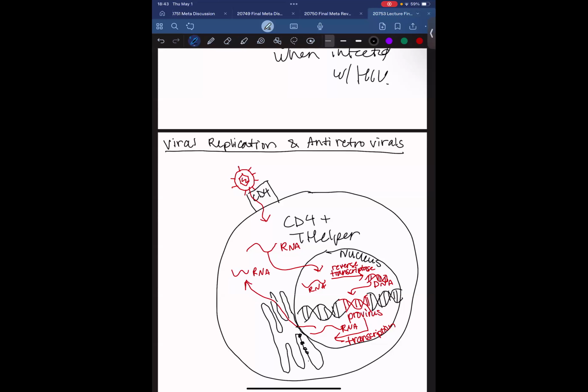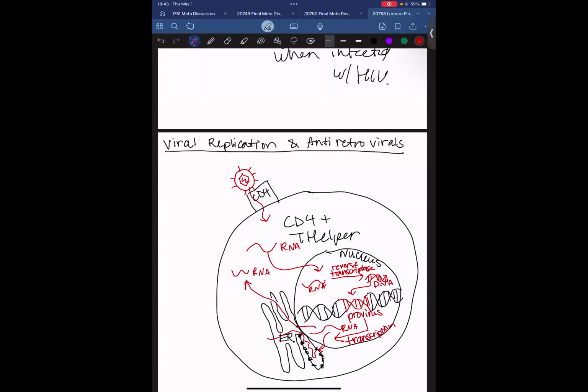Does this look familiar to anybody? What does this look like I'm drawing down in here? This is ribosomes, exactly, on the endoplasmic reticulum. So then some of these guys will go through these ribosomes and go through the process of translation to make more proteins.